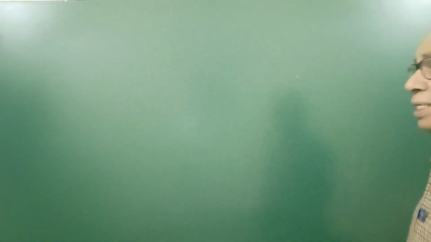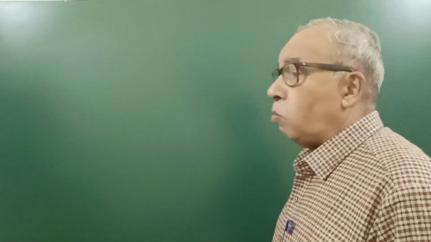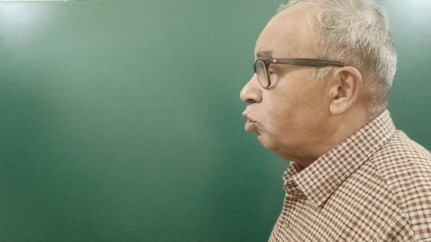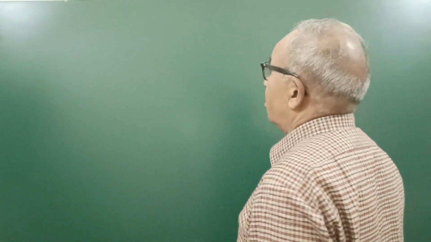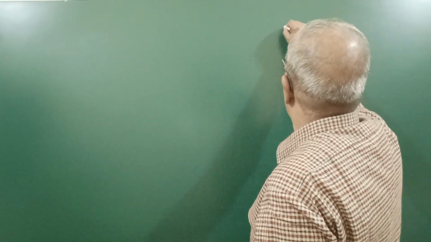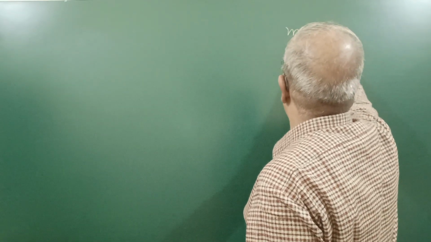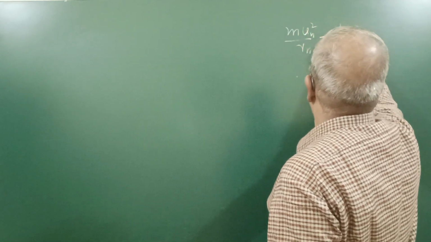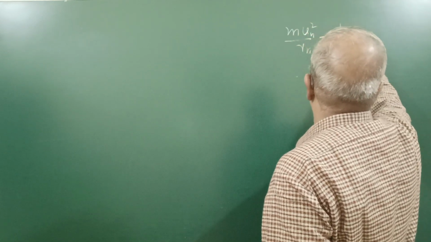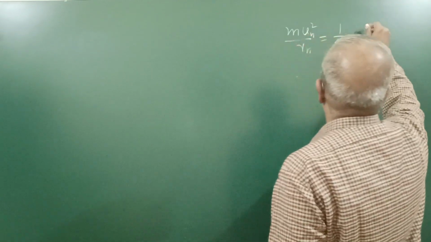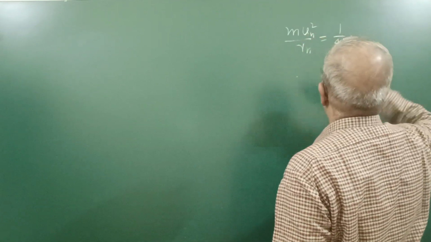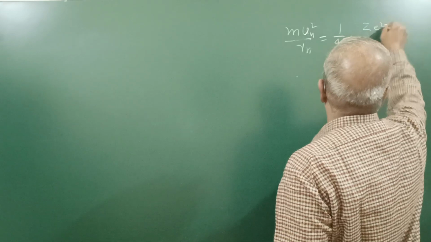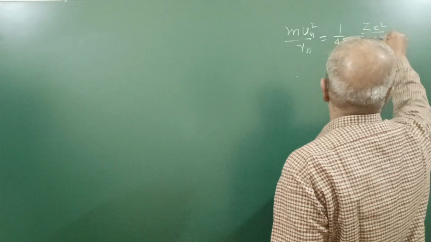If I write here Bohr theory, the postulates of Bohr theory, I have given you that first, mathematically, mv_n squared upon r_n is equal to 1 upon 4 pi epsilon 0 into Ze squared upon r_n squared.